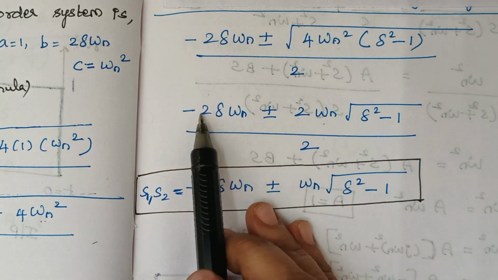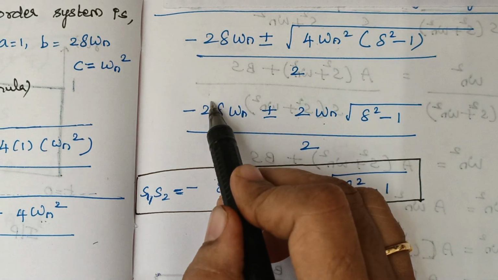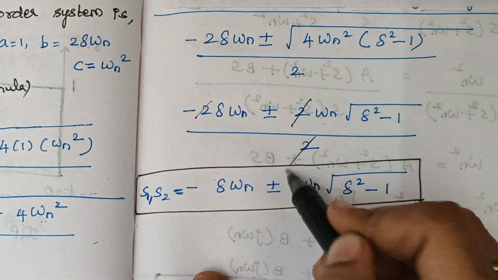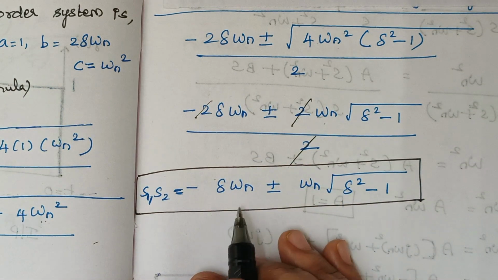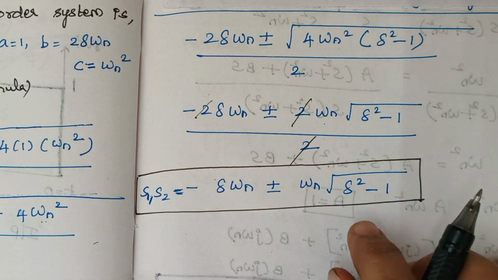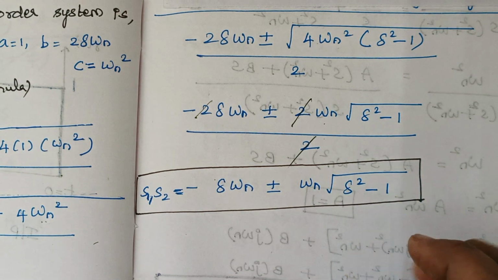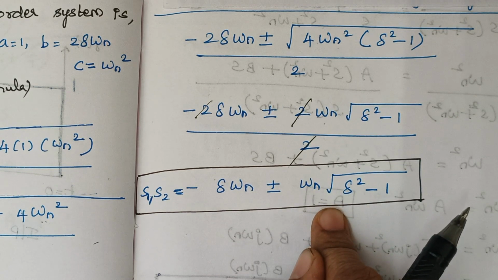Now the 2 is present in both the terms, the denominator, so we can cancel these 2's. The remaining term will be minus zeta omega n plus or minus omega n into root of zeta square minus 1. That is the root of the characteristic second order equation, right?